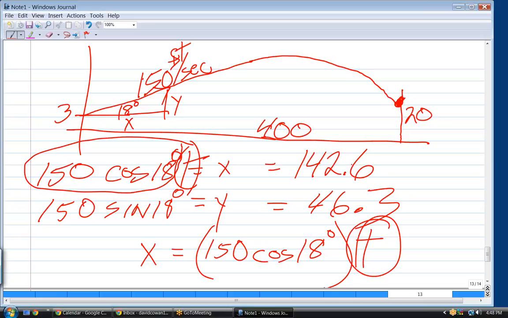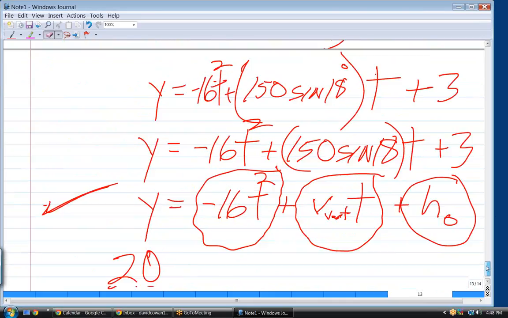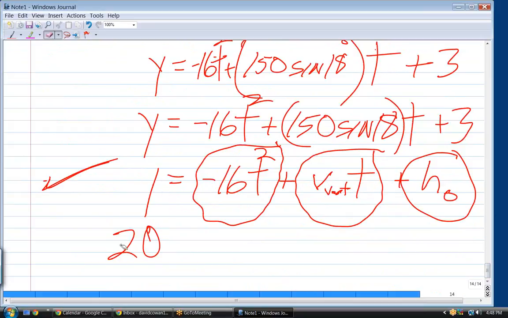These problems are usually phrased, where does the ball come down? In other words, let's make it one step less complicated and say, at what distance does the ball come down? Well, I know the height when it hits the floor has to be 0. So I would substitute 0 for y instead of 20.